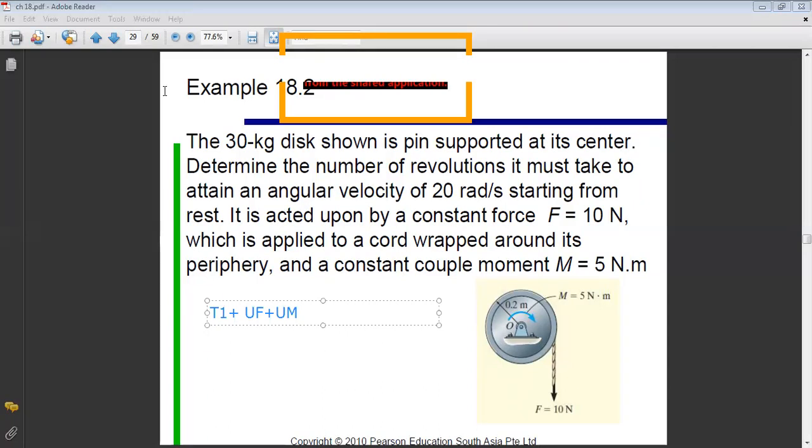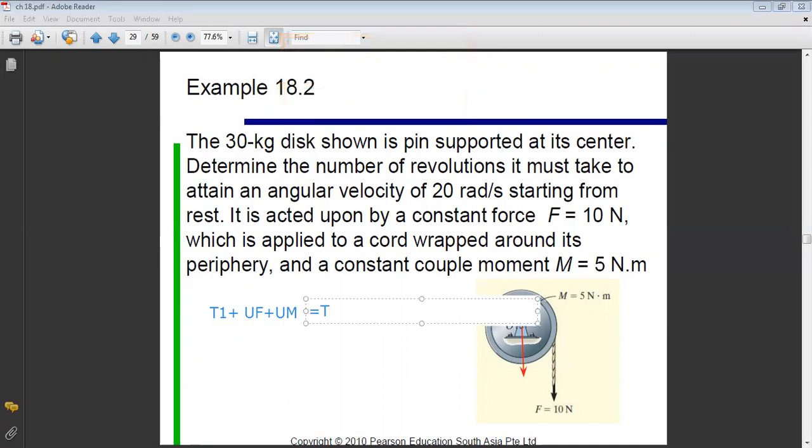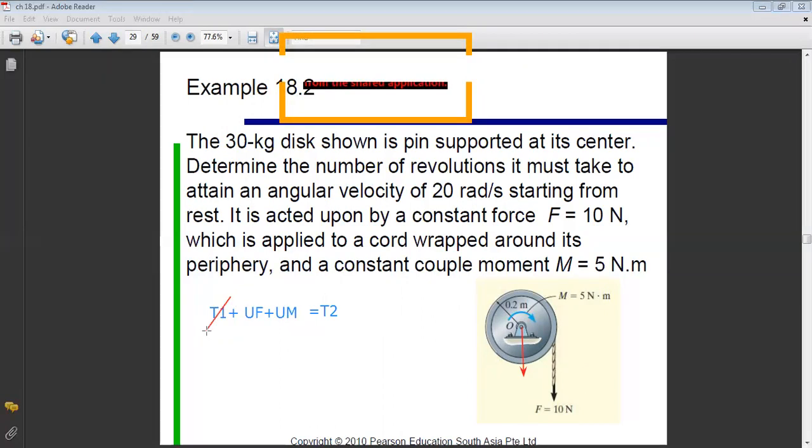Because the center of mass here is a fixed point, so the weight will not do any work. Okay, so we have the work of force F, we have the work of the couple, equals T2. Now since it's initially starting from rest, T1 is 0, so we can drop T1. Now, what is the work of F?